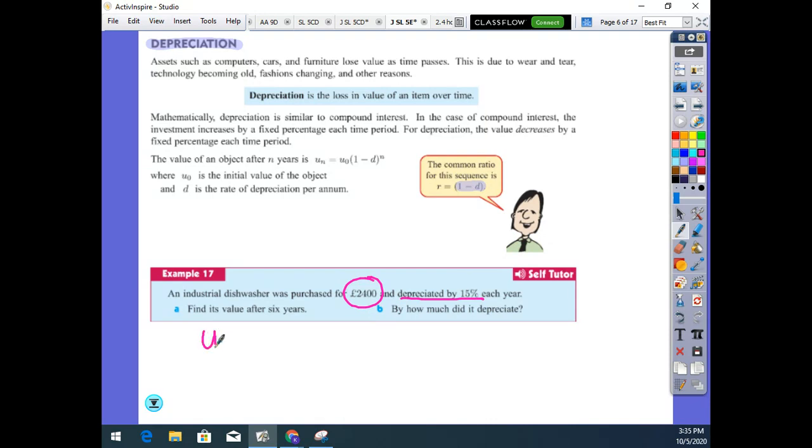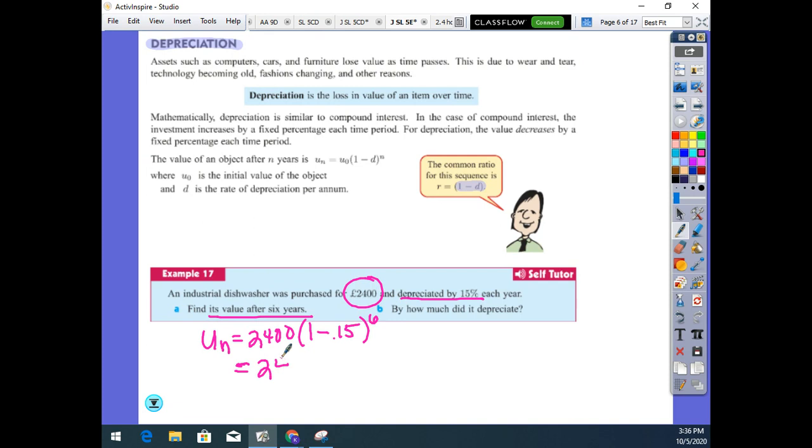All right, so its value after 6 years, U sub n equals my initial amount, 2,400, but now instead of adding the interest, we're going to subtract my percent to the 6, raised to the 6th power, the 6 years. We still put time always in the exponent position.